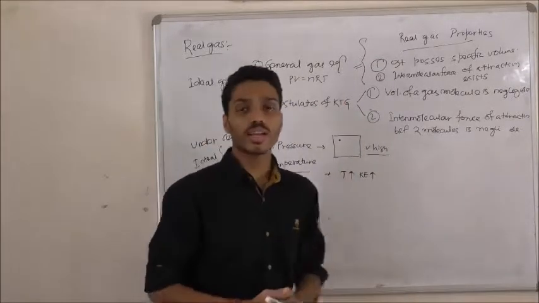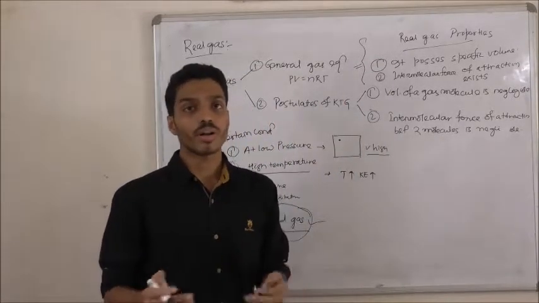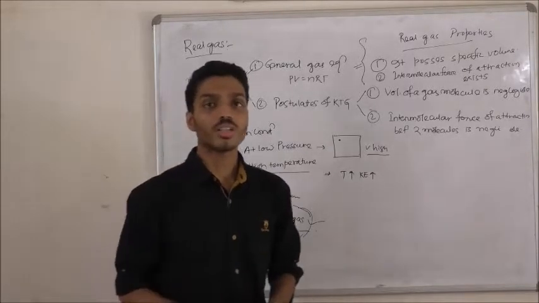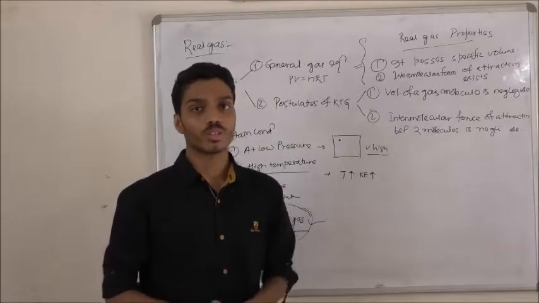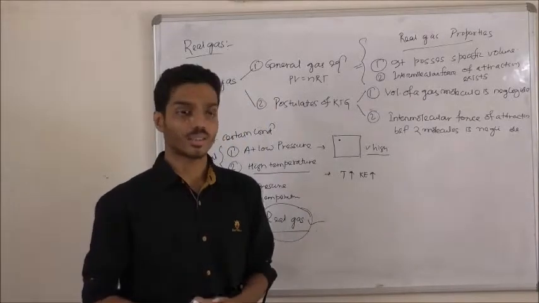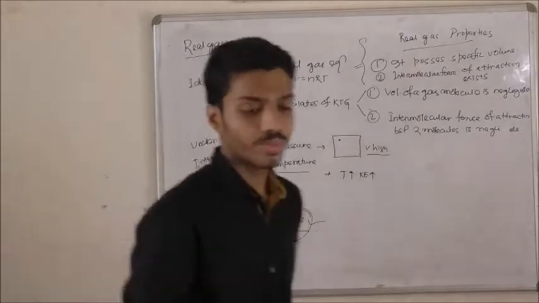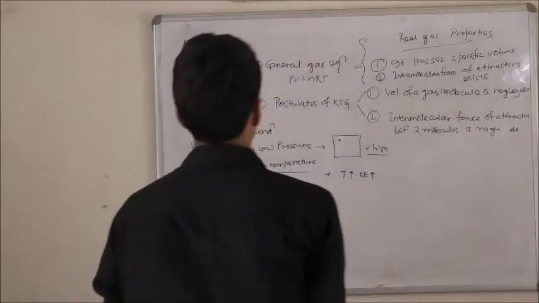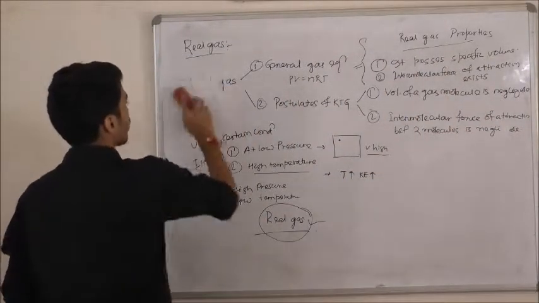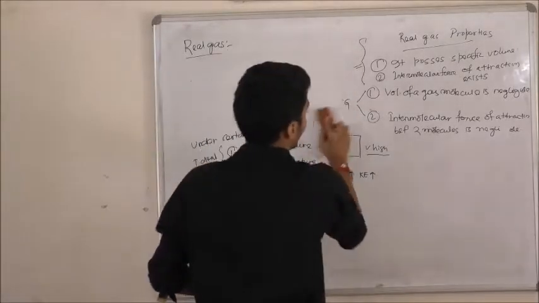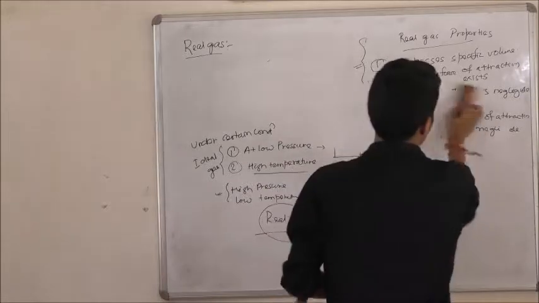So according to this, real gas again, what happens? Van der Waals proposed two corrections, named as pressure correction and volume correction, which is different from ideal gas. So now we will discuss those correction terms.